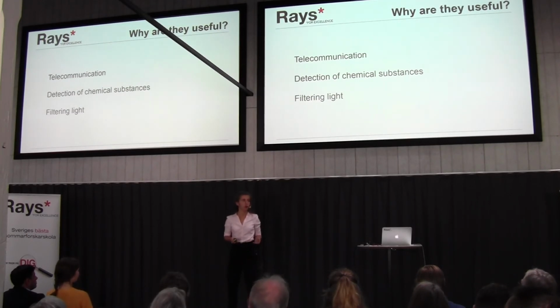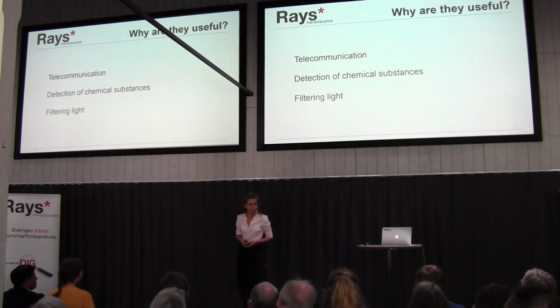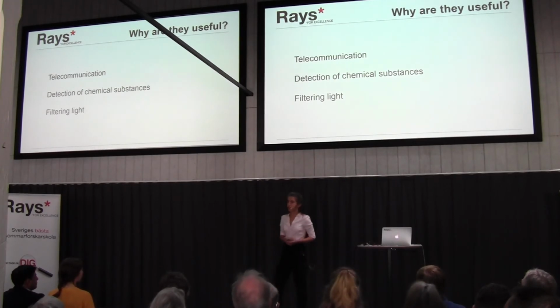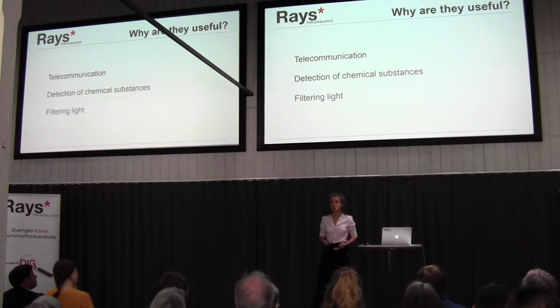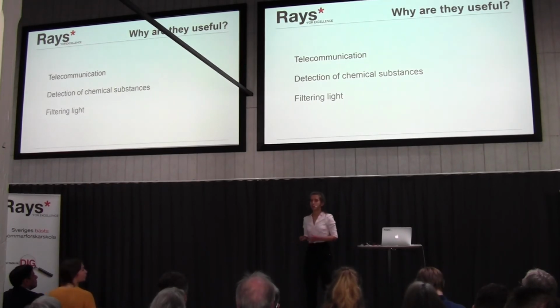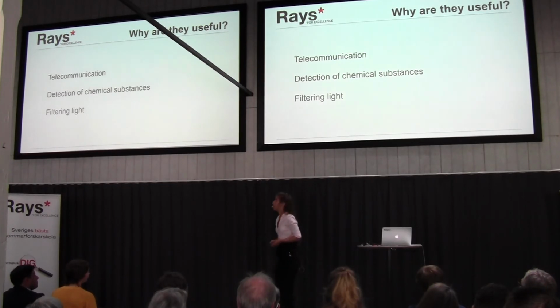And that way, we will be able to calculate that. And a third thing they can be used for is filtering light, and that's pretty intuitive because that's what they do. They trap certain light waves while others pass by. And in that way, we separate specific light from others, and thereby we get a filter.